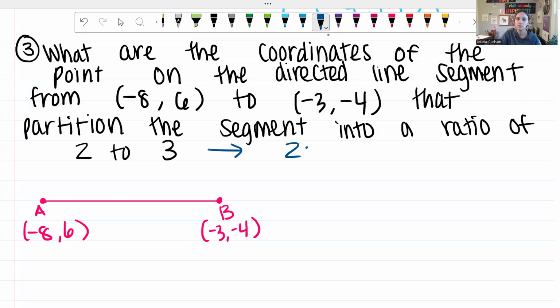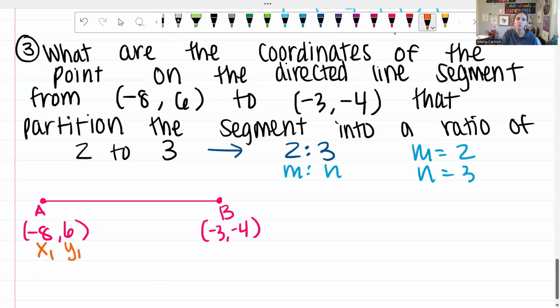So that means M is 2 and n is 3. Then our first point, -8, 6: -8 will be my x1, 6 will be my y1. In the second point, -3, -4, -3 will be my x2, and -4 will be my y2.